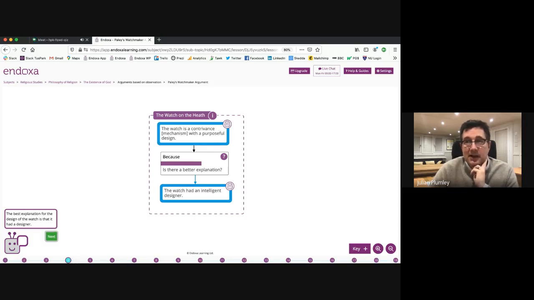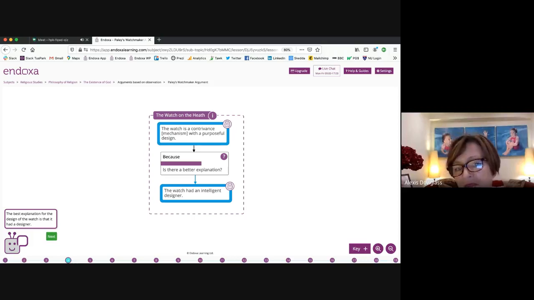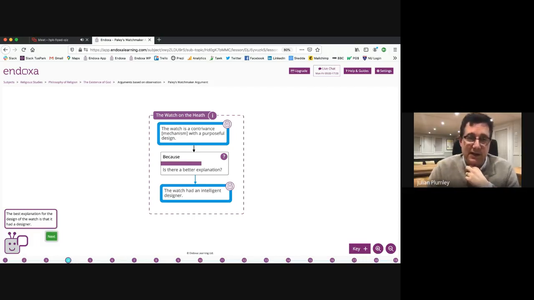This isn't a logical argument. This is an argument from common sense. Just looking at it and from what you know about the world, what's the most likely explanation? So if I looked at my smartphone, the most likely explanation was that it had a designer. It didn't just naturally happen. Yes, exactly. And I think everybody would come to the same conclusion.